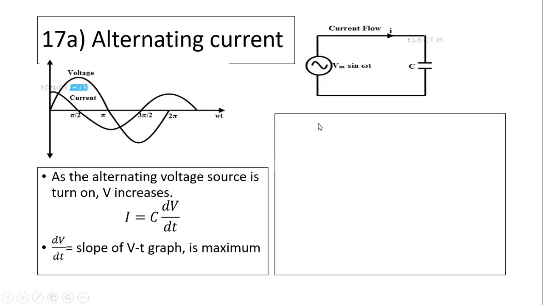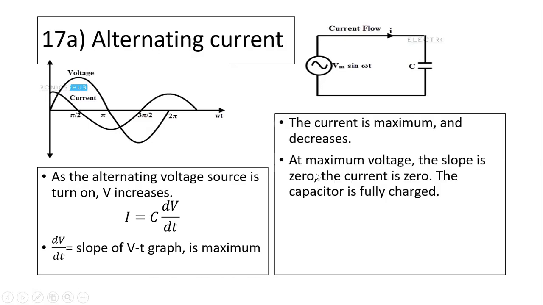As we switch on the voltage, the current is maximum. Then as the voltage increases, the current decreases. At maximum voltage, the capacitor is charged completely. The slope is zero, so the current is zero.